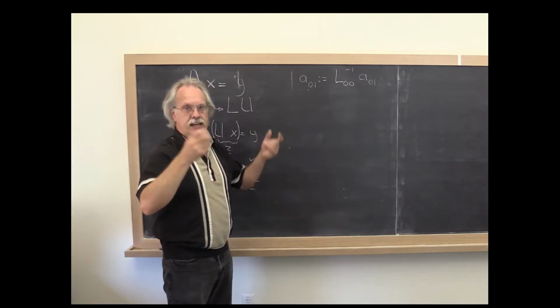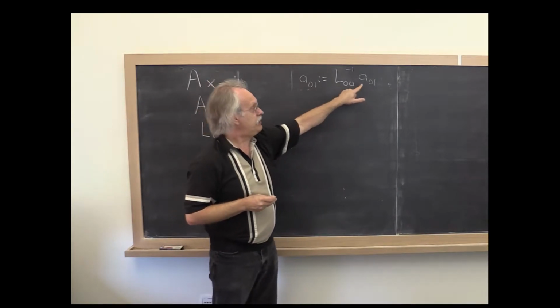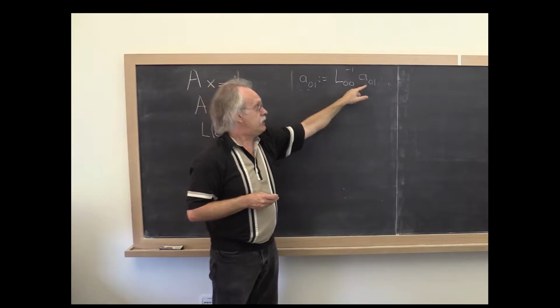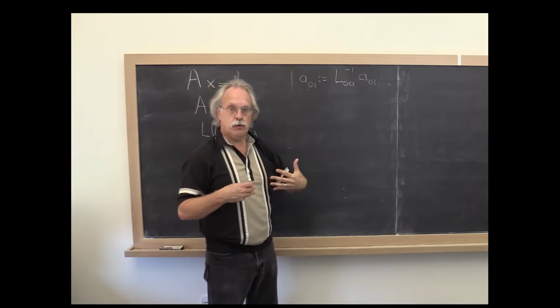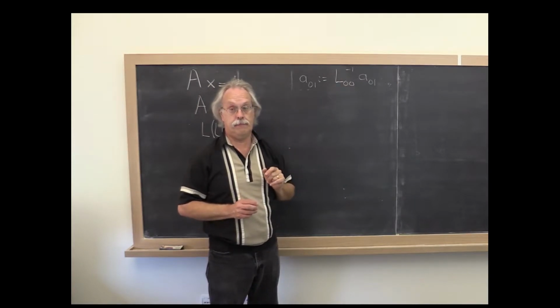And I made some vague comments about the fact that you really should think of this as the operation that multiplies the inverse times that, as opposed to procedurally inverting the matrix and then multiplying.